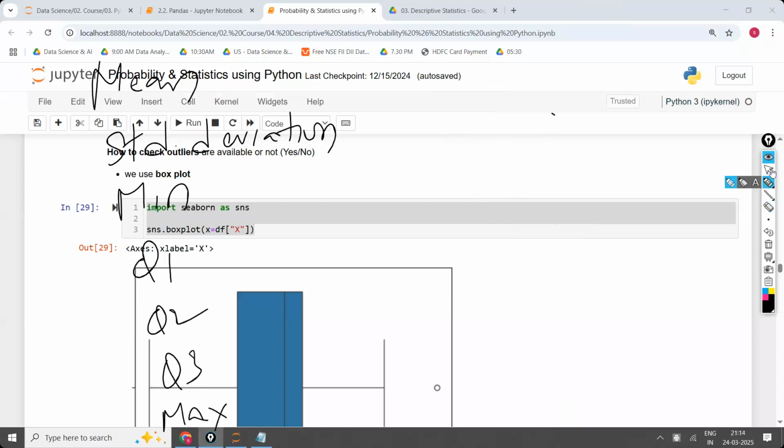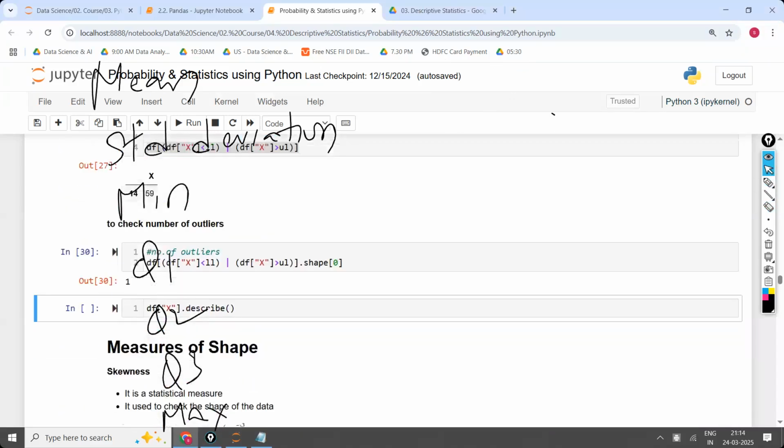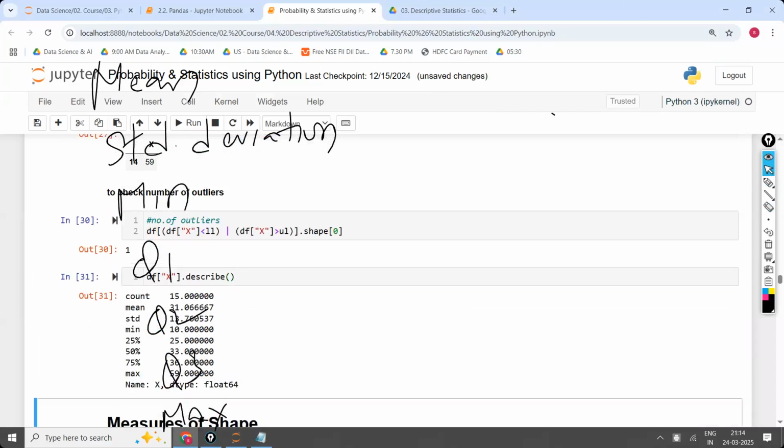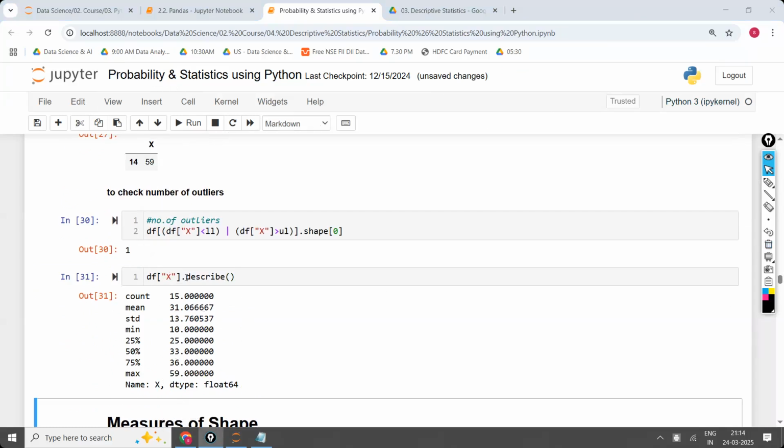Now, this we are going to get in one shot by using describe. Within pandas, there is a function called describe. Describe means it describes all the values: mean, standard deviation, minimum, Q1, Q2, Q3, and maximum.